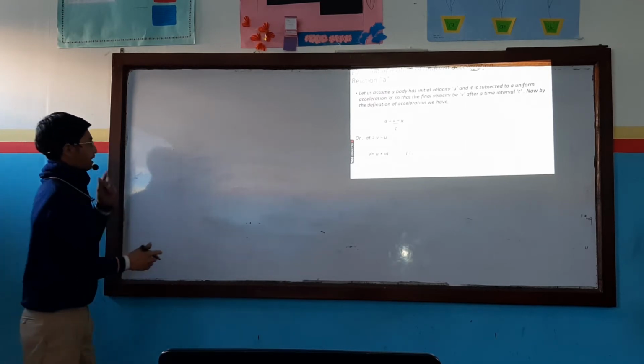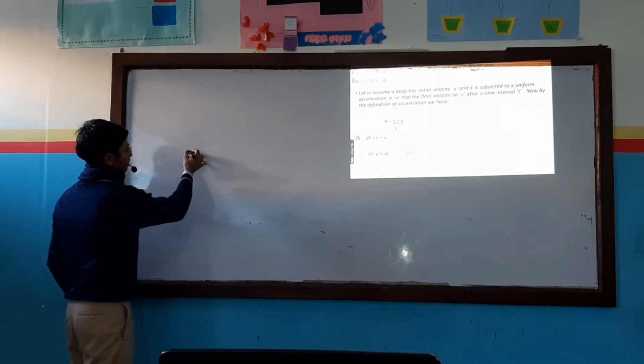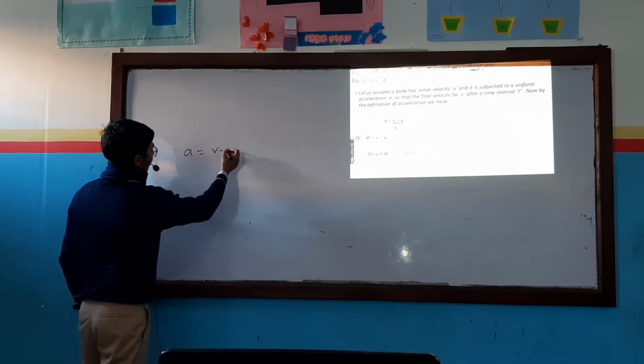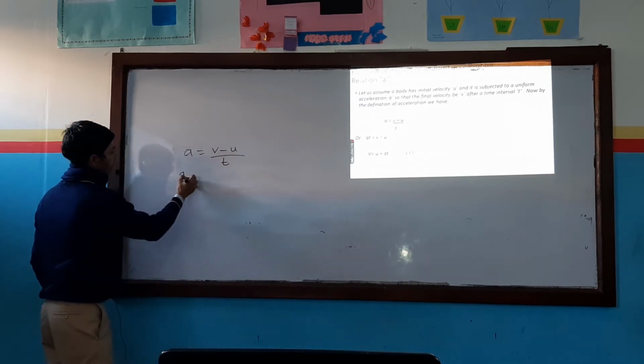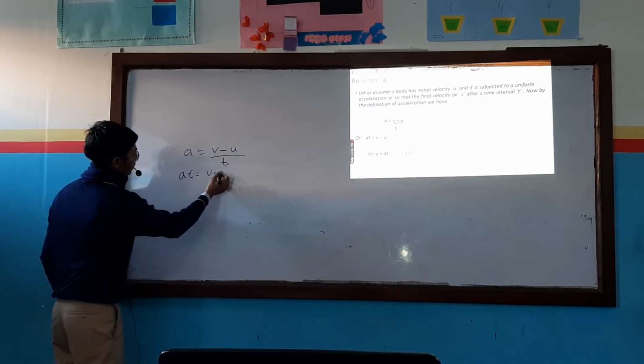We know the formula of acceleration is equal to final velocity minus initial velocity by time taken, but we can also write it by deriving: this t comes here and it's multiplied, at is equal to v minus u.